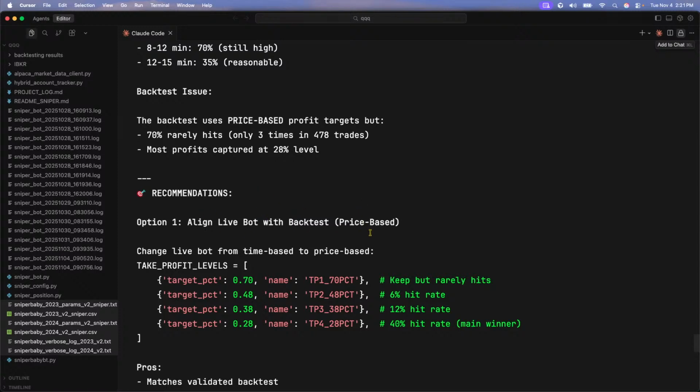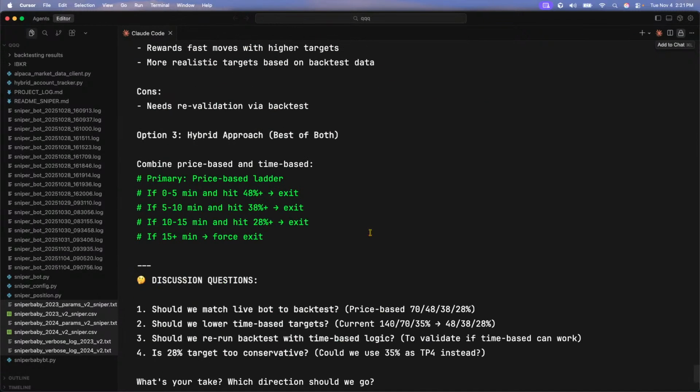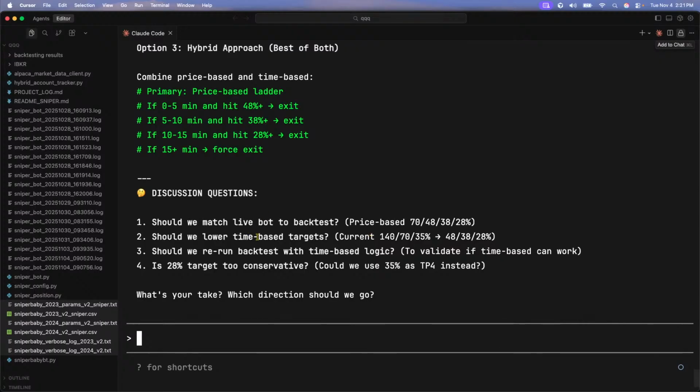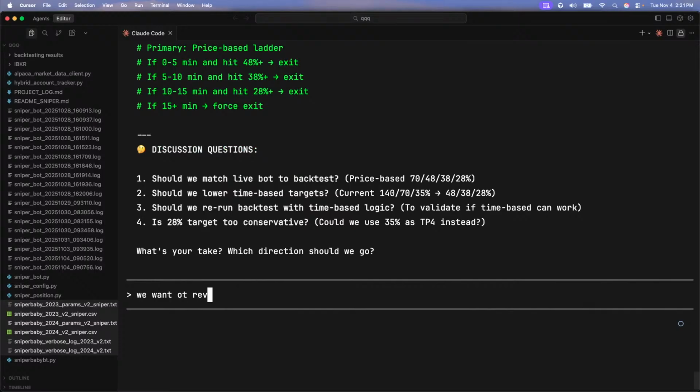Align live bot with the backtested results. Should we watch live? Should we match the live bot to the backtested results? Should we lower? I already tried that. Should we rerun with the time-based logic? Is 28 too conservative? Should we use 35 as TP4? Okay. We want to review and understand why 23 was lower than 24 objectively before we update the bot.